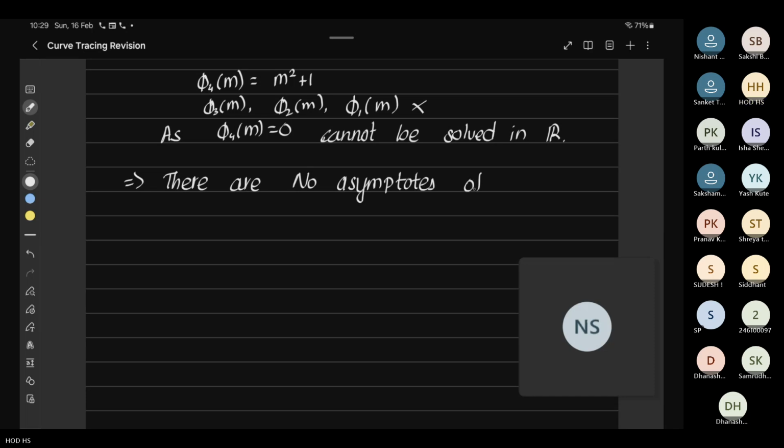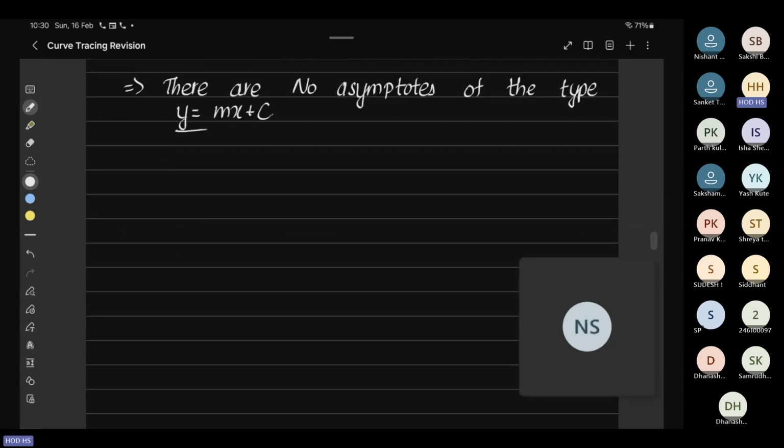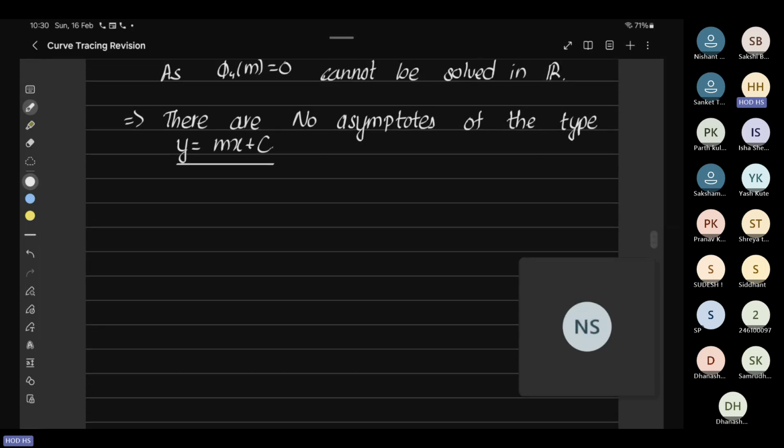So this actually concludes there are no asymptotes of the type y is equal to mx plus c. Note that this was the slope for which we were calculating. Since this slope does not exist, there is no asymptote of this type. But notice that these lines do not include the lines which are parallel to the y-axis.